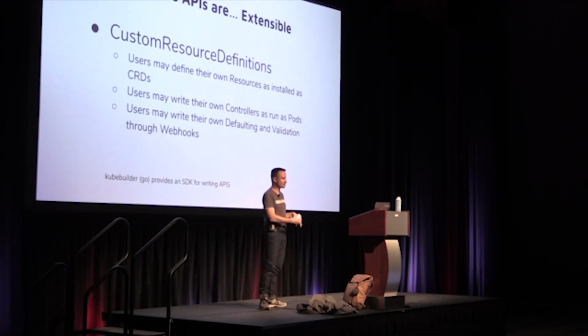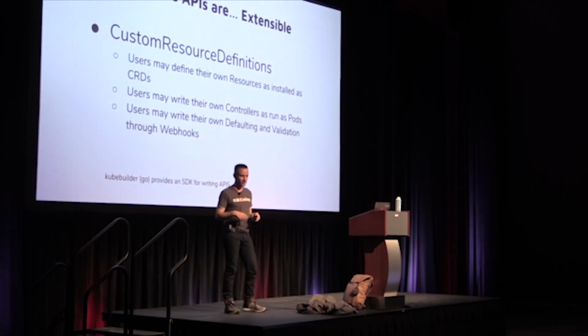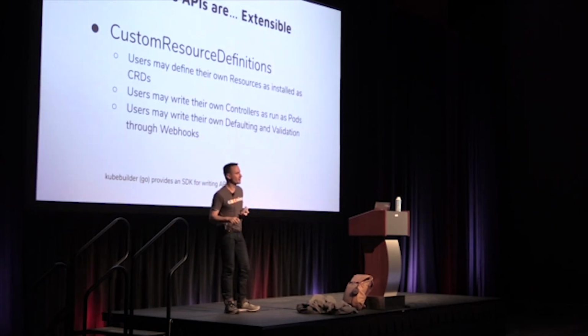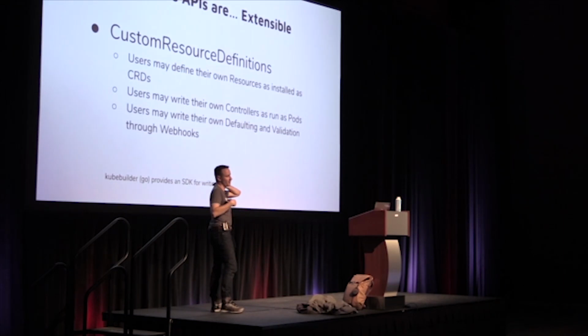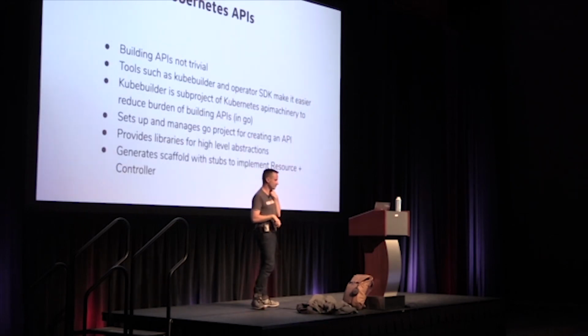So you can build all this operational logic right into a Kubernetes API that you publish yourself. These are often referred to as operators, the operator pattern. There's a talk here, I think yesterday, about operator SDK. There are more and more tools coming out for building these operators.